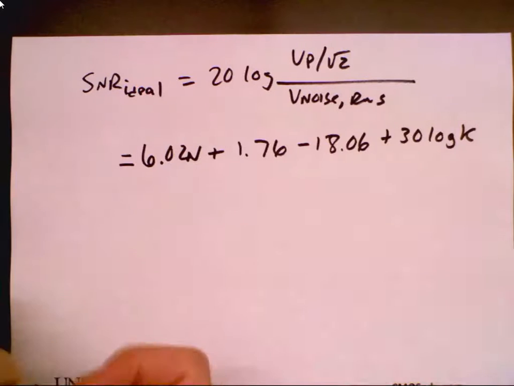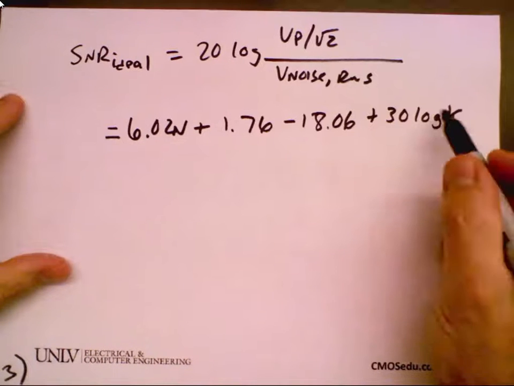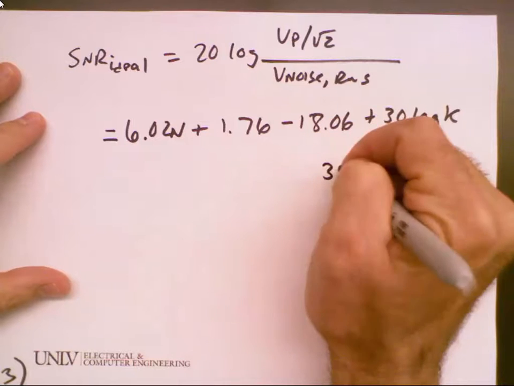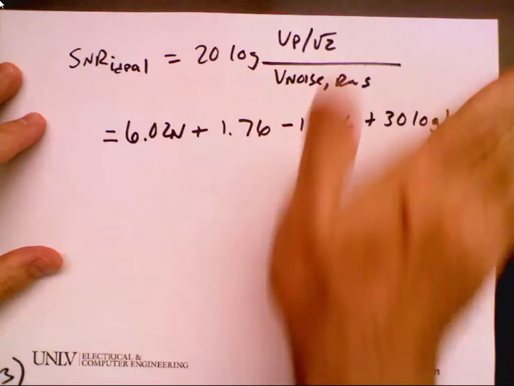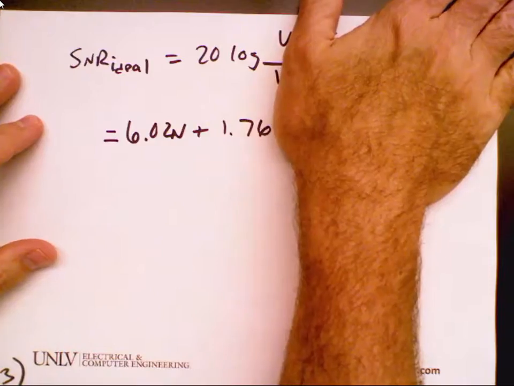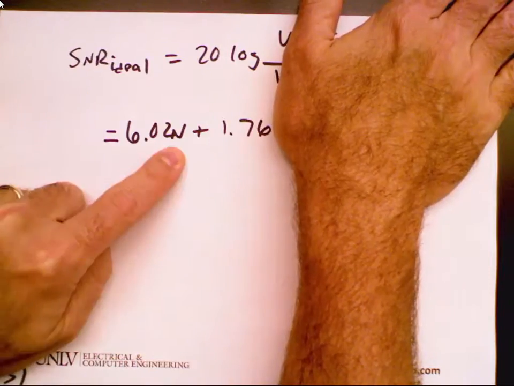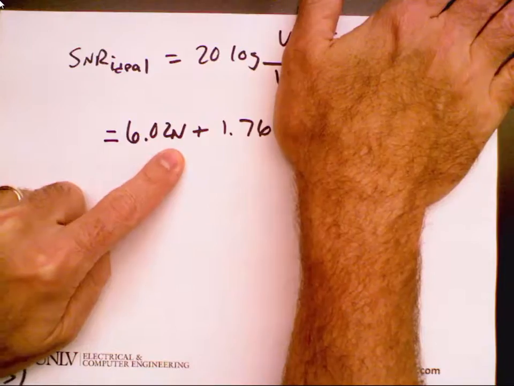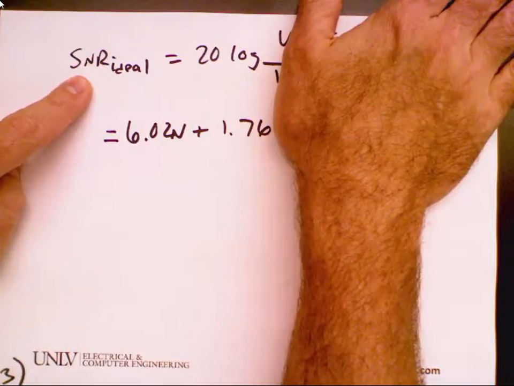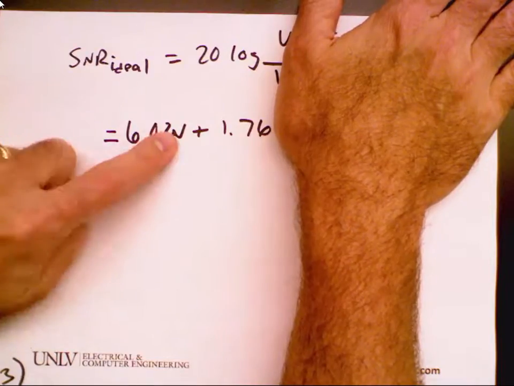So let me write it down. So if I go with 30, well, let's ask even something simpler. If I increase my resolution by 1 bit of just a normal data converter, how much does my signal to noise ratio go up? 6 dB, right? Okay, so every increase of 1 bit is 6 dB.